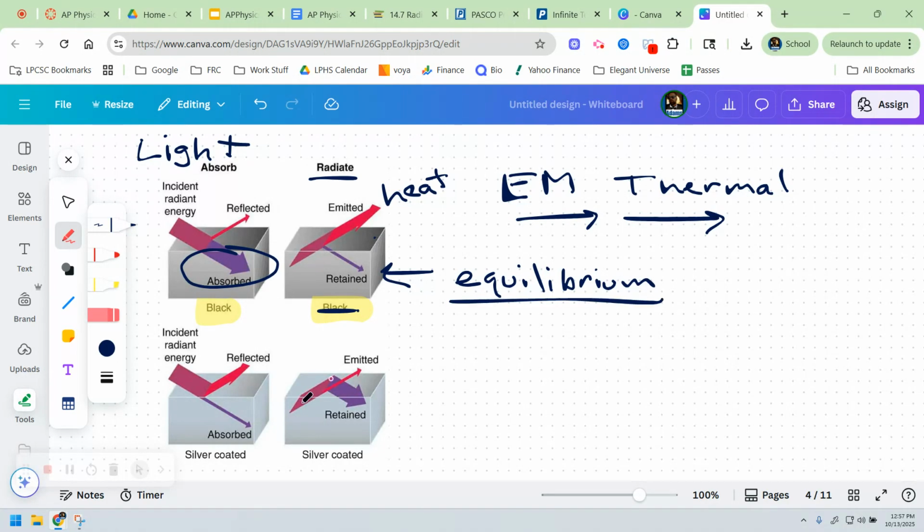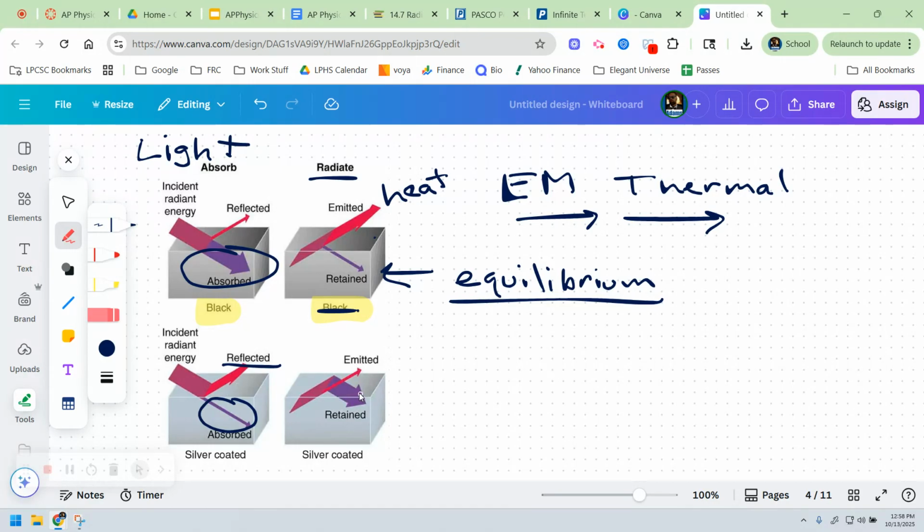Okay, but now for a lighter color, as the light comes in, right, some of it gets reflected, some of it is absorbed, some of it is retained, and some of it is emitted. So there's not as much absorbed, right? In fact, most of it is reflected right from the beginning, right? So it can absorb the light and then give off light almost immediately, right?